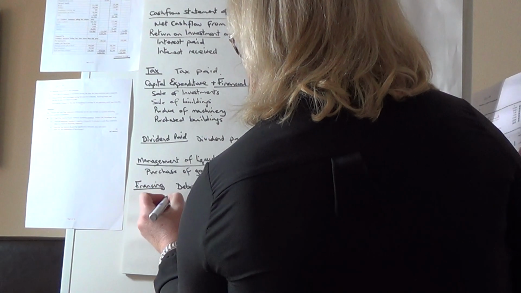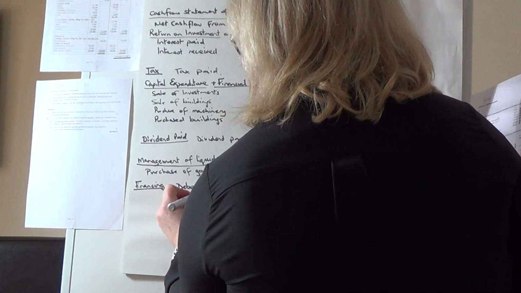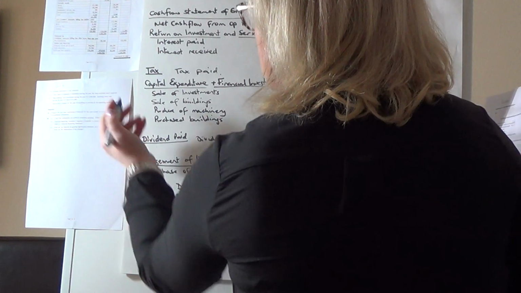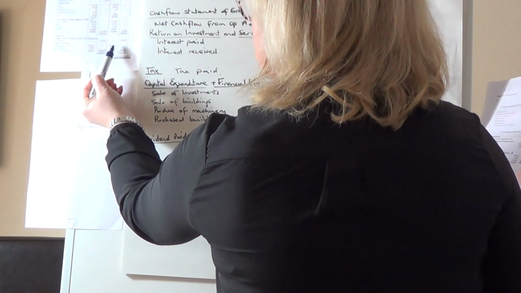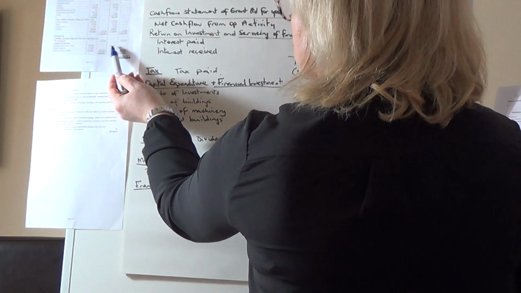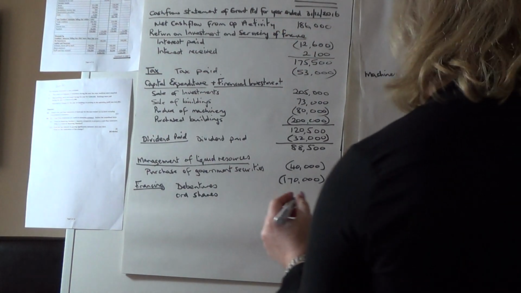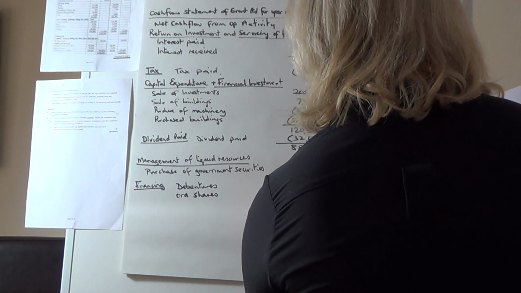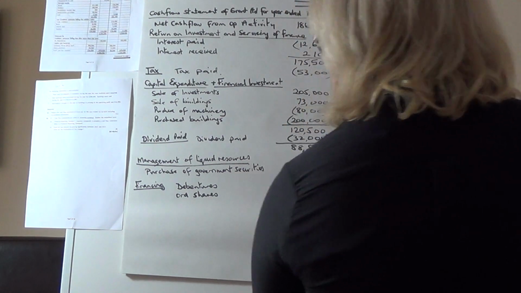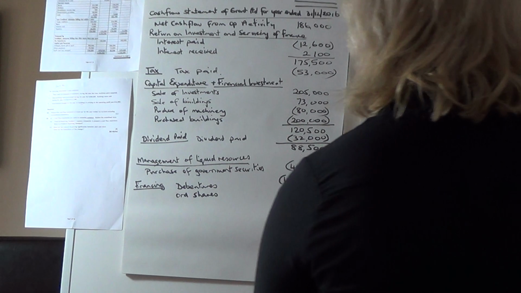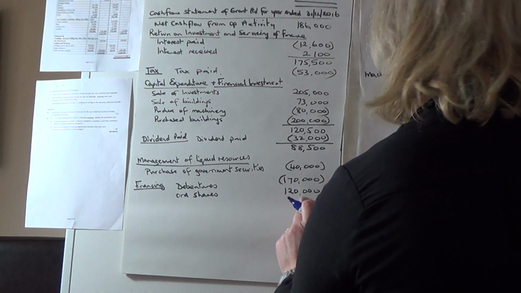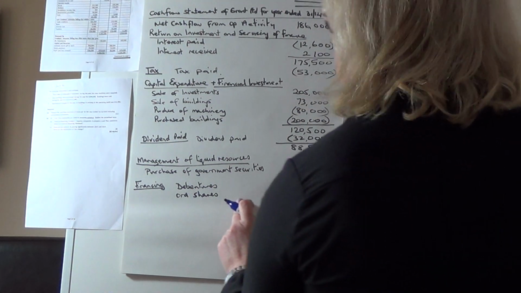And we also want to look here at ordinary shares. And if we look at our ordinary shares, they've moved from 580,000 to 700,000. So that's an increase in our ordinary shares of 120,000. So we gained financially, or in terms of cash flow, it's a plus 120,000.